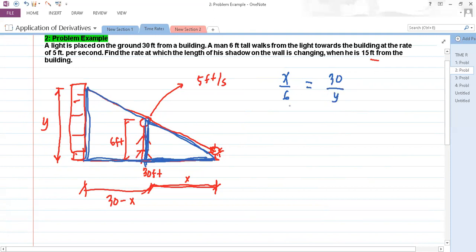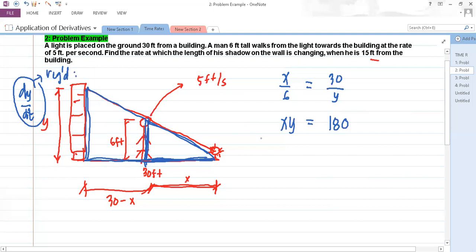So we can now have our equation as xy is equal to 6 times 30, that is 180. Okay, so we can now have this as our equation. Okay, so ang hinahanap natin is dy with respect to time. Okay, so this is our required.